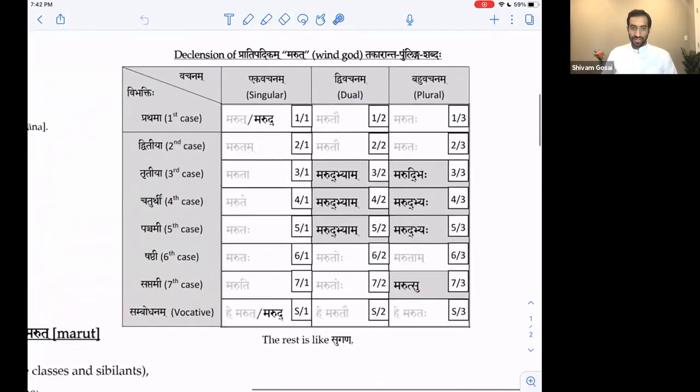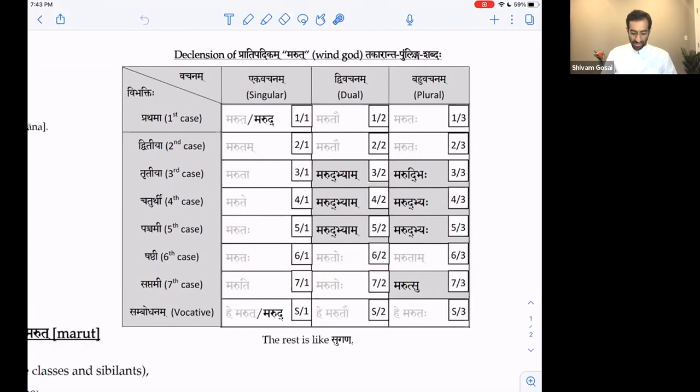Just to recap, these 3 and these 2 are called sarvanamasthana. All this is called bha. And this gray section is called pada.